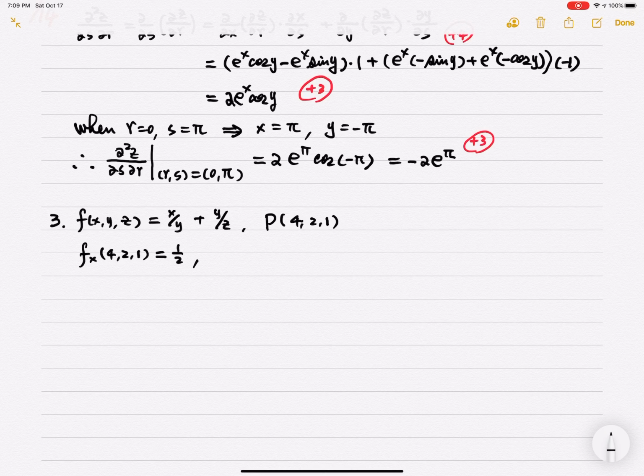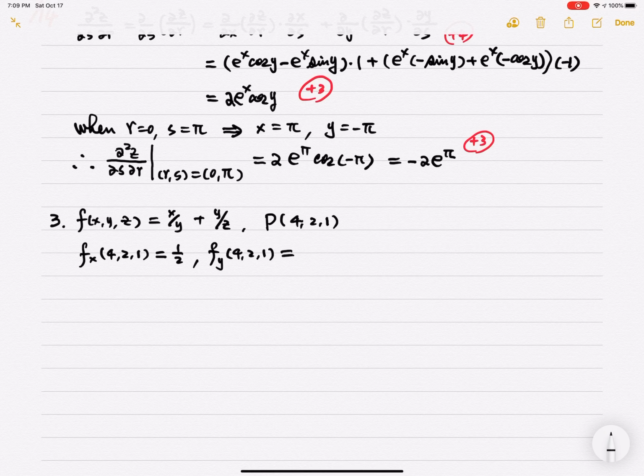And then the partial derivative with respect to y at (4, 2, 1). You have two terms. The first term is negative x over y squared. The second term is 1 over z, and 1 over z with z equal to 1 is 1.